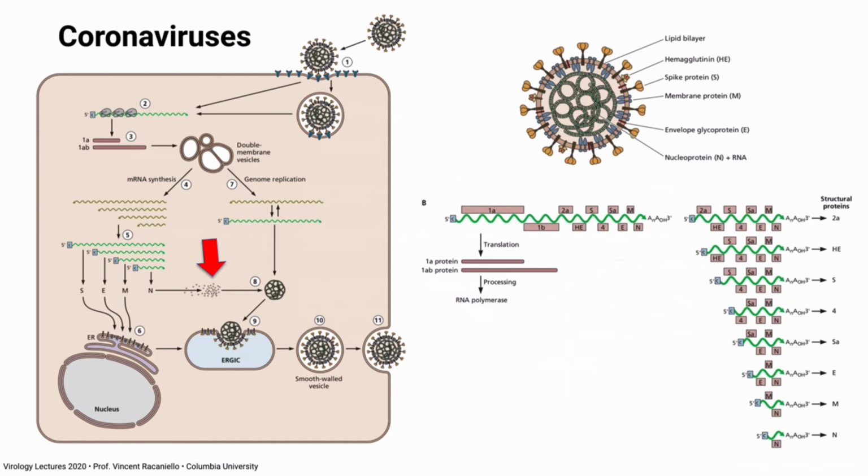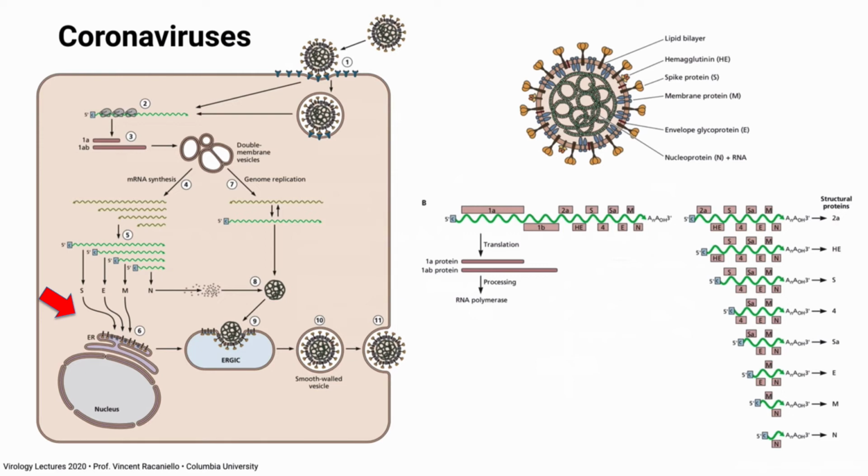In 8, a bunch of the nucleoproteins that have been translated from the mRNA combine and wrap around or connect to the RNA in some way to form the nucleocapsid. And this nucleocapsid is then ready to be surrounded by a membrane studded with the 4 other proteins we've talked about earlier.